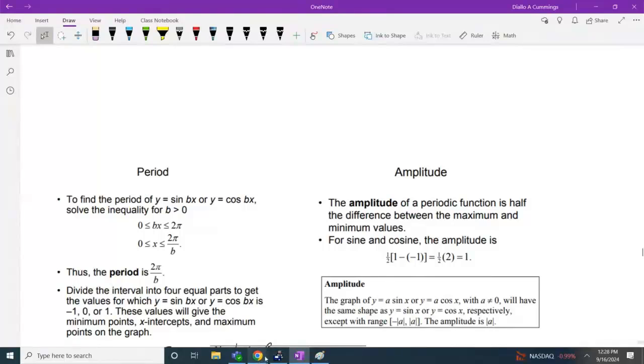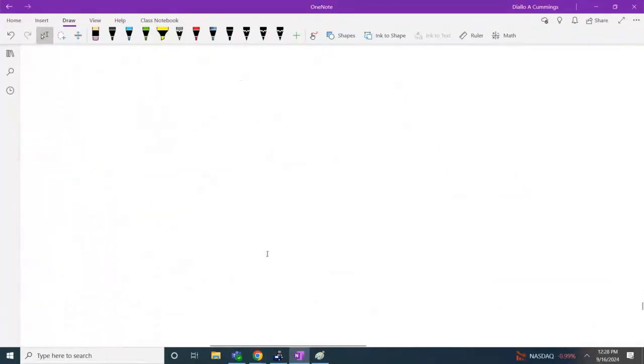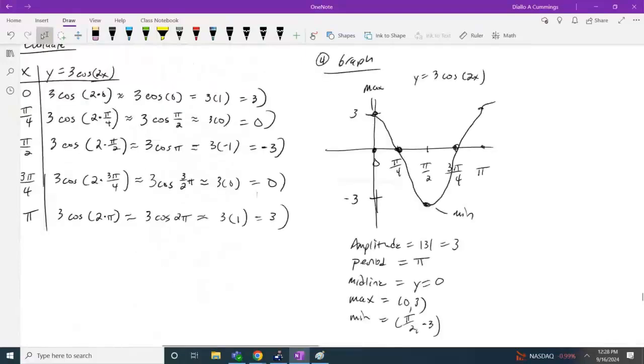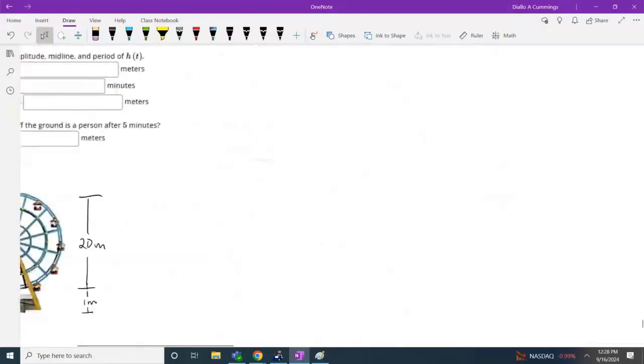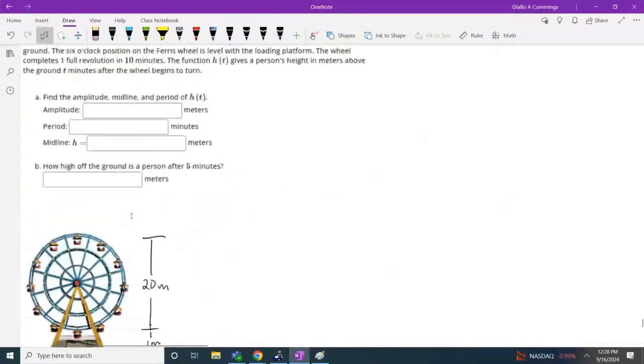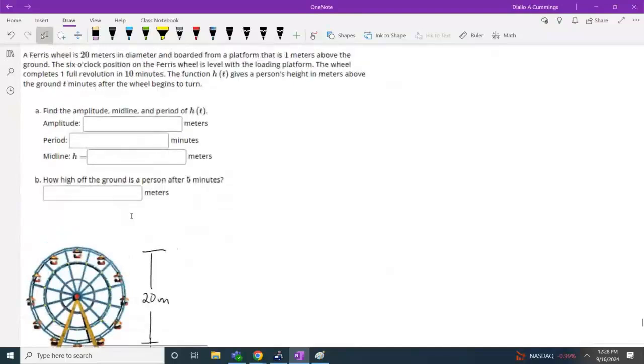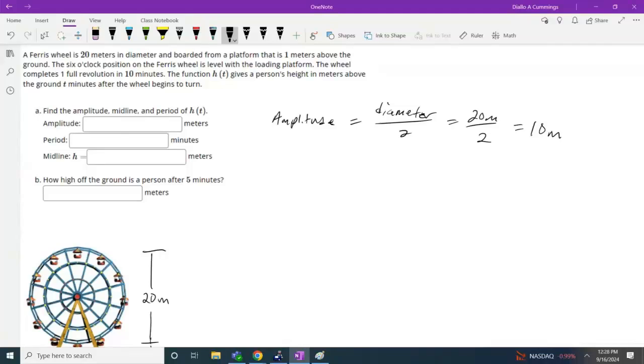So that means that altogether the Ferris wheel is 20 meters long. So what is the amplitude? Is it going to be 20 meters or is it going to be half of that? It's going to be half. So the amplitude is the diameter cut in half. So it's 20 meters divided by 2, so that's 10 meters. That is the amplitude.